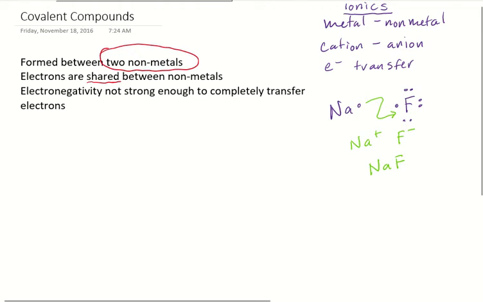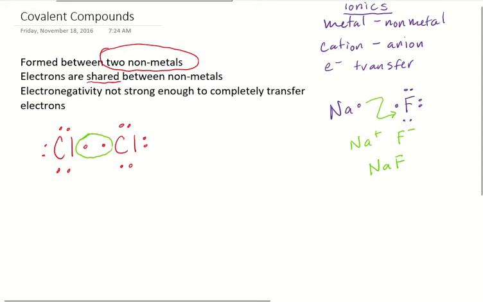When we talk about covalent, chlorine has 7 valence electrons. If I want to combine it with another chlorine that has 7 valence electrons, we're not going to give away or gain electrons, but instead, you're going to see electrons being shared.